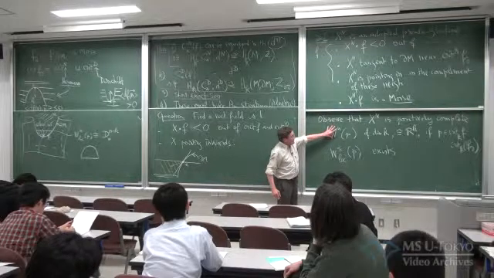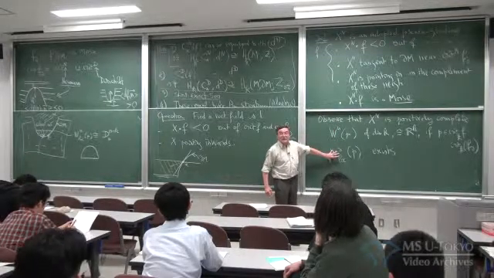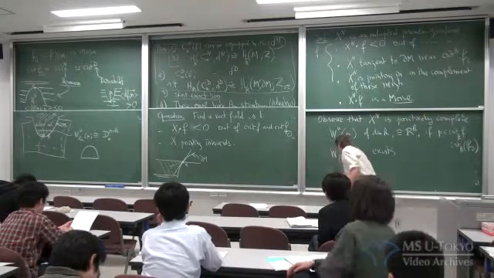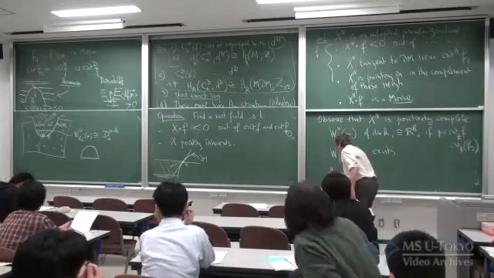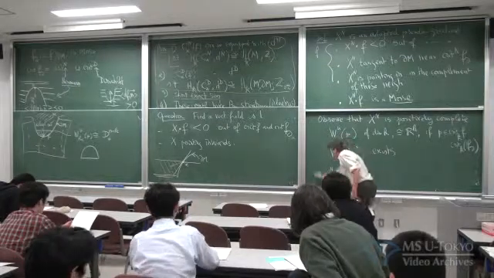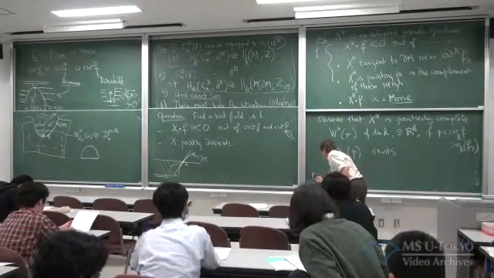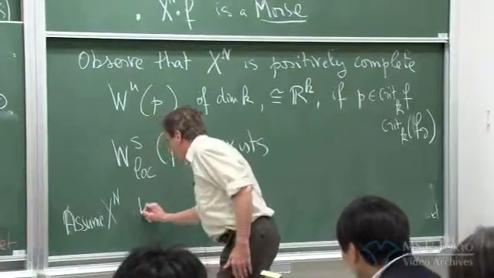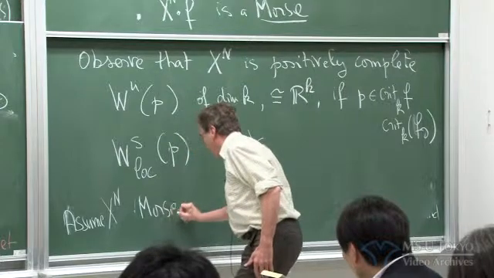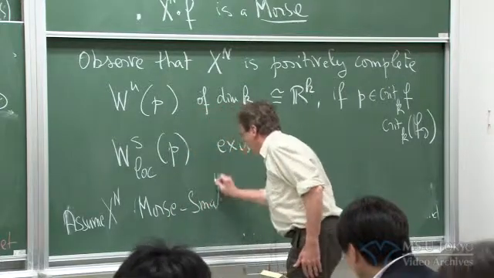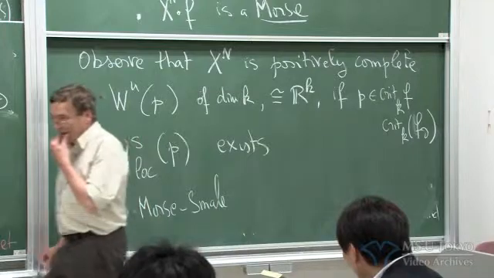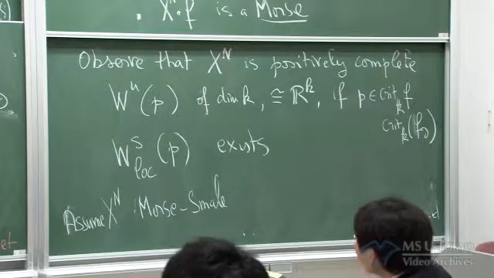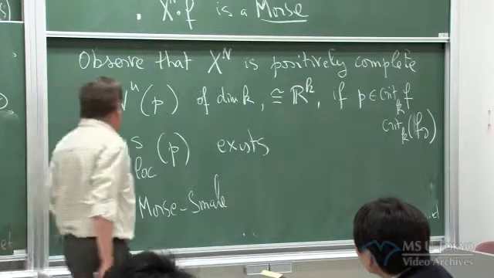of this global object with this local object, and you can make them Morse-Smale. You ask X is Morse-Smale, assume the generic condition X is Morse-Smale, and you can count the connecting orbits with signs if you take some orientations.